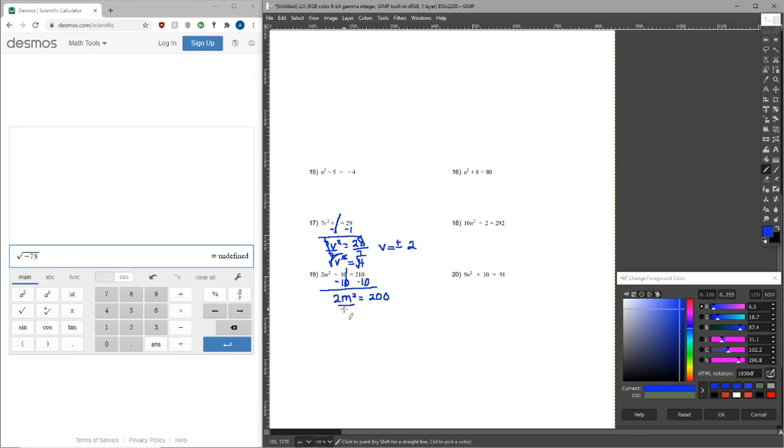Now we're going to divide away the 2, which leaves m squared all alone, and 200 divided by 2 is 100. Now this looks like the problem we began with at the very beginning of our discussion. The opposite of the square is a square root. We're going to square root 100. And of course the square root of 100 is 10. So m equals positive 10, negative 10. Or if you like, you can just write it quickly, plus or minus 10.